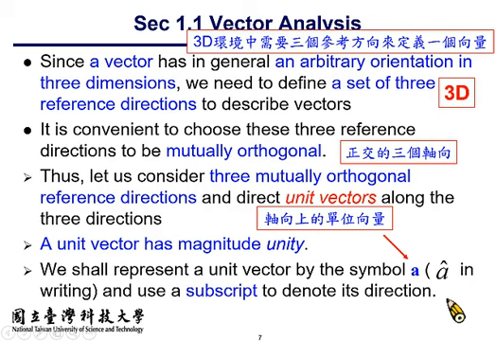And in a 3D environment, we will need 3 reference directions. As I write on the blackboard, what are ax, ay, and az? They are the so-called reference directions. And x, y, z suggests that I'm describing the vector in the Cartesian coordinate system.